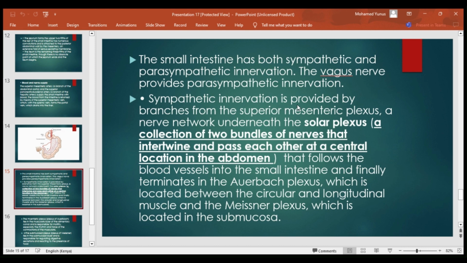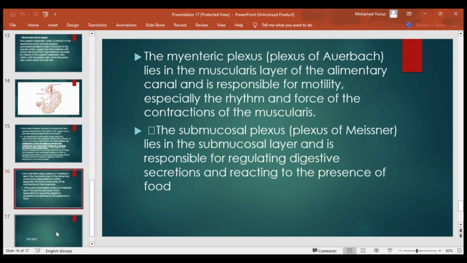So we find that sympathetic innervation is provided by the branches from the superior mesenteric plexus, a nerve network underneath the solar plexus that follows the blood vessels into the small intestine and finally terminates at the myenteric plexus, which is located between the circular and the longitudinal muscles, and the Meissner plexus, which is located in the submucosa.